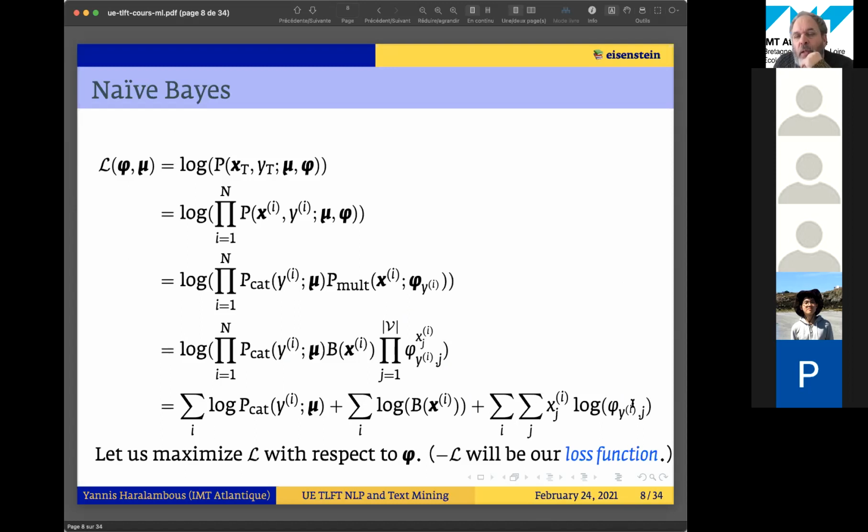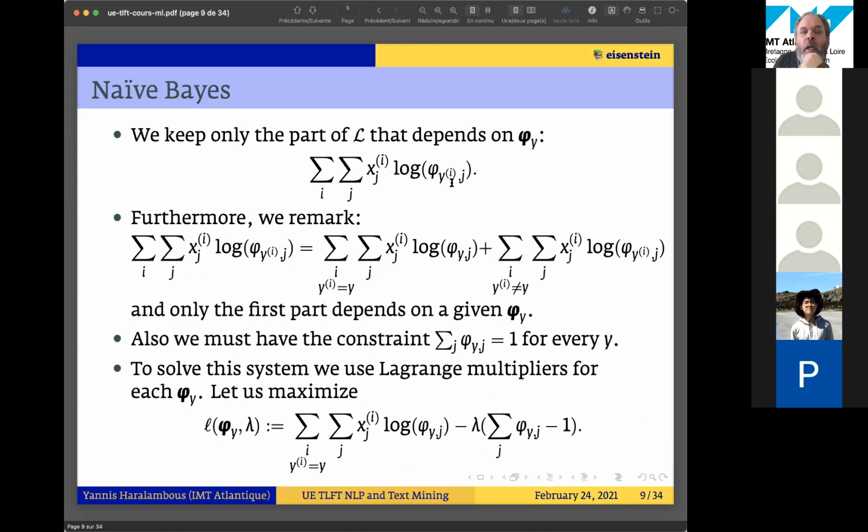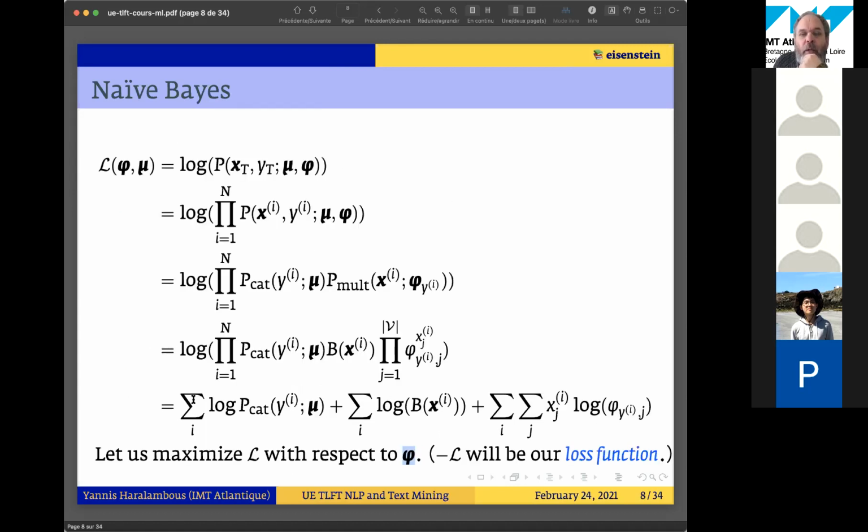Now, this formula is interesting, but what I want is to maximize the likelihood with respect either to mu or to phi, or both. So let us maximize it with respect to phi. If I look at the formula, this part doesn't depend on phi at all, and this one neither.